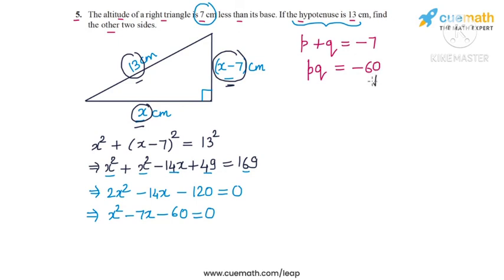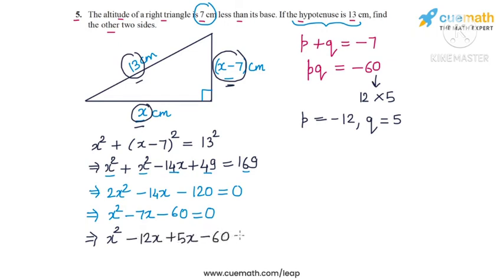Note that 60 can be written as 12 times 5, and this means that the two numbers to split the middle term will be minus 12 and 5, because their sum is minus 7 and their product is minus 60. So let's split the middle term accordingly. We will get x square, and then minus 7x I will write as minus 12x plus 5x, minus 60 equal to 0.